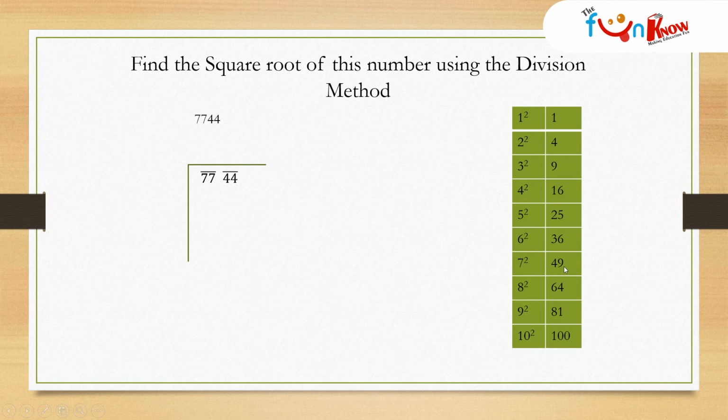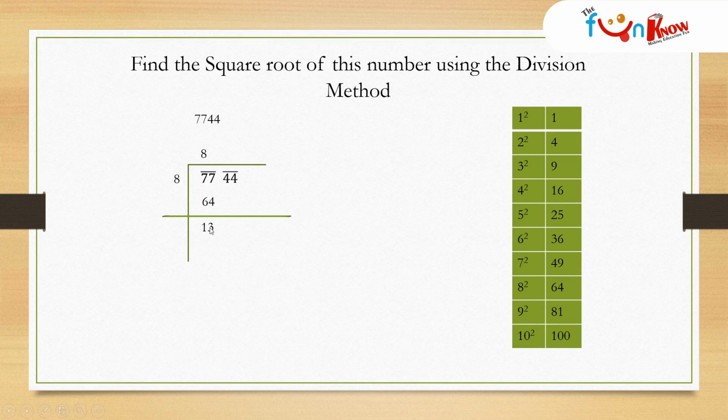Okay. 8 squared is 64. 9 squared is 81. 81 is too high, students, so we will go for 8 squared is 64. You have to make sure, students, the first number should be square. So what we will do, 8 into 8, 64. 77 minus 64, the answer is 13.